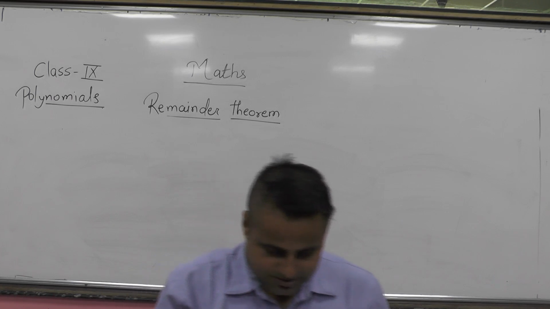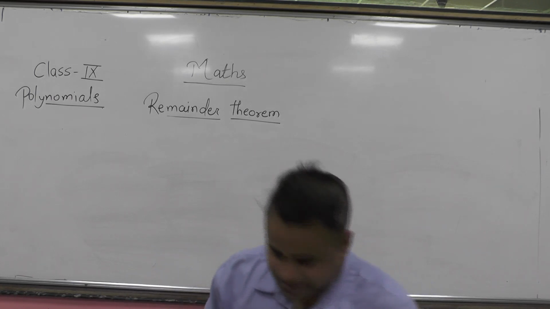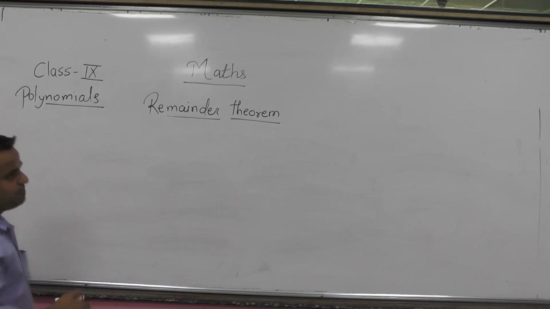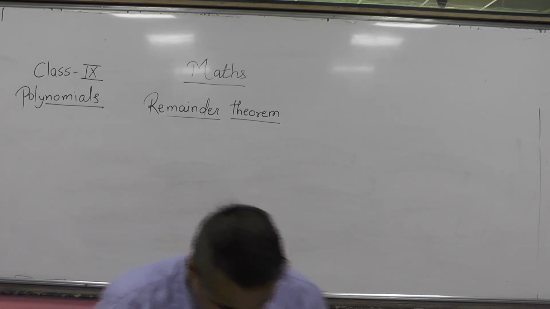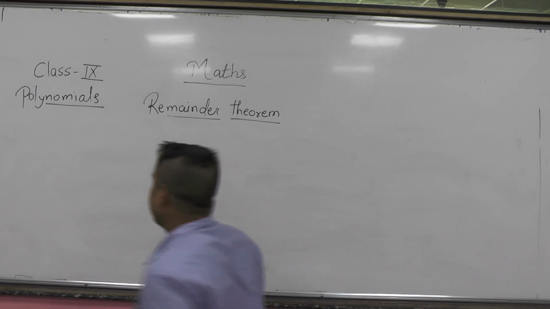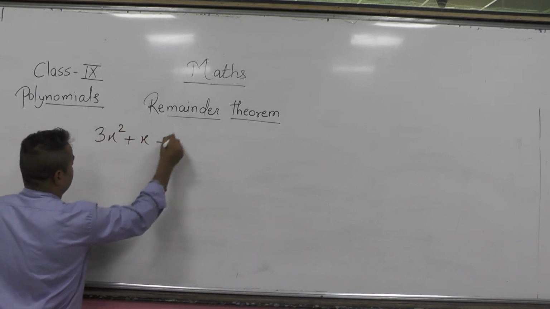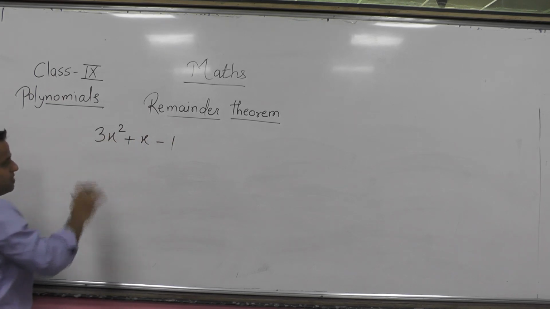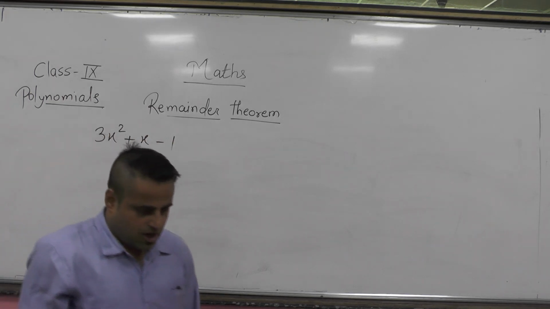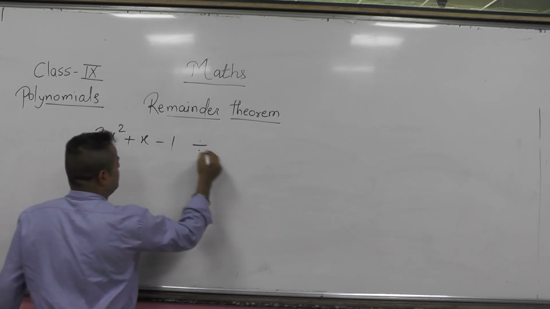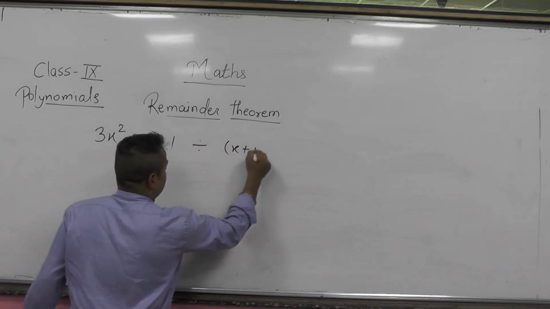Okay, first see, we can take one polynomial, like 3x square plus x minus 1. Suppose this is our polynomial, and we can divide this polynomial by another polynomial, x plus 1.